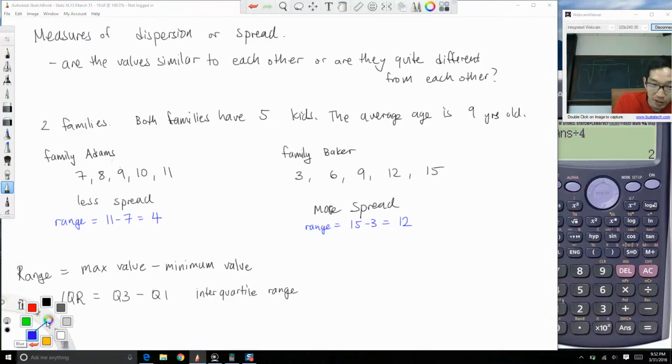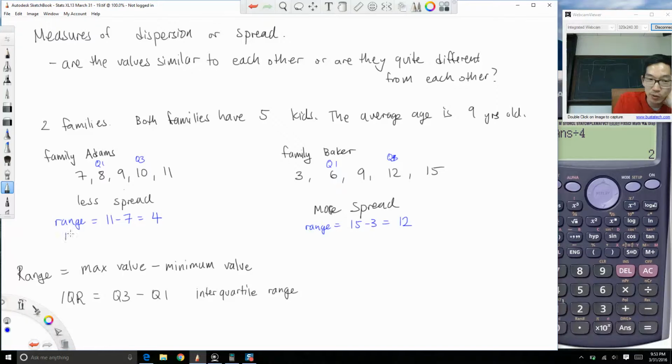We don't have a nice number. We have 5 data points, so it's hard to say where the quartiles are, but I think we would say this is going to be Q1 and Q3, and this would be Q1 and Q3.